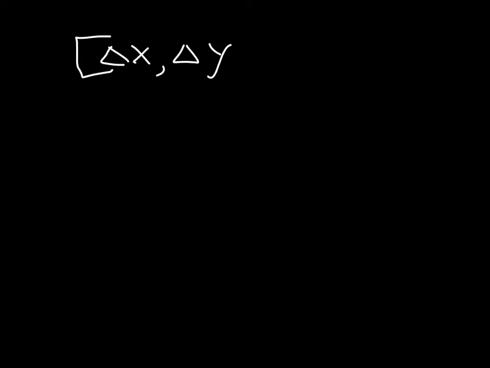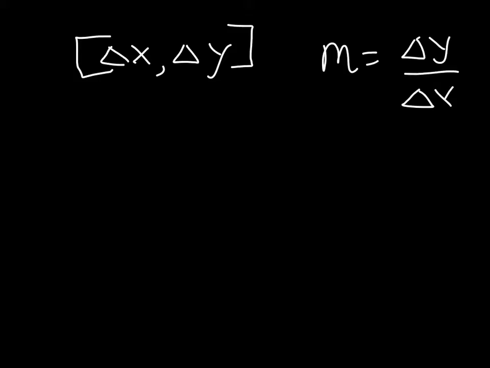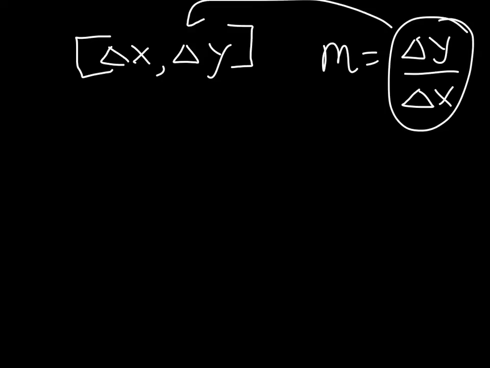And the two components are the change in x and the change in y, or delta x, delta y. And these two things may seem familiar because that's also how we write slope. The slope is the change in y over the change in x, and so we can take this information and put it into vector format.